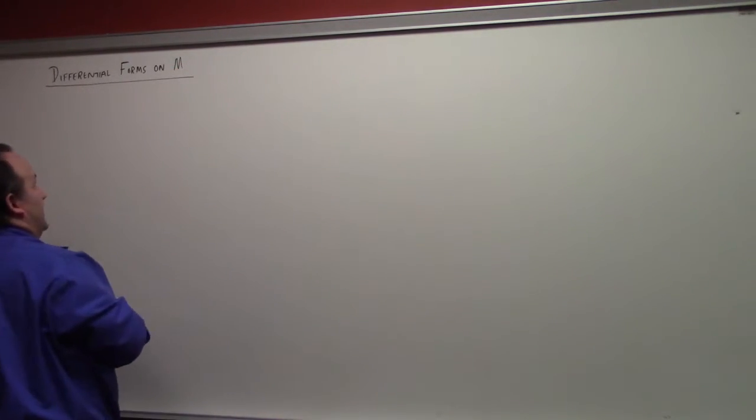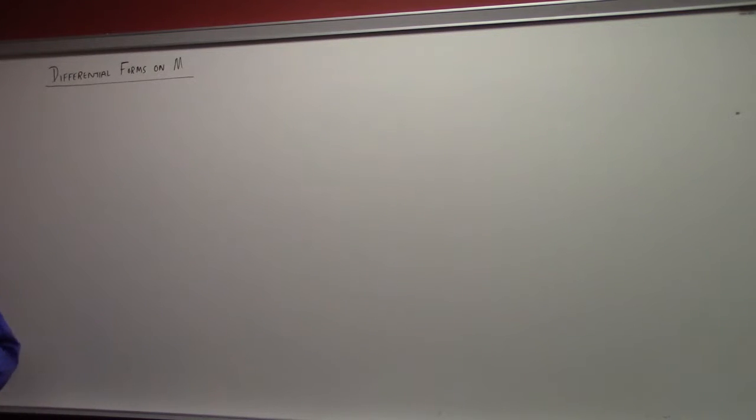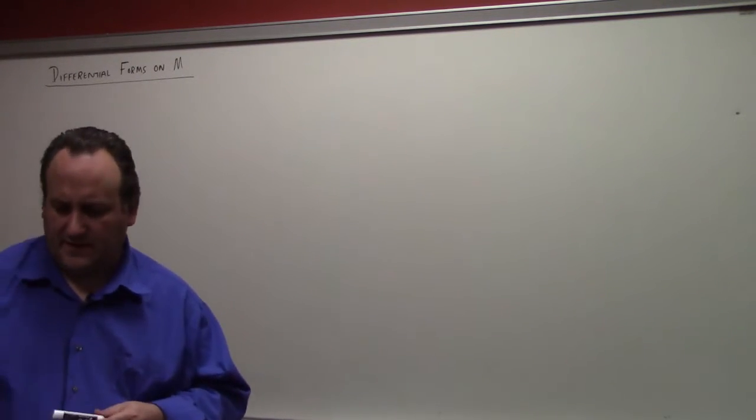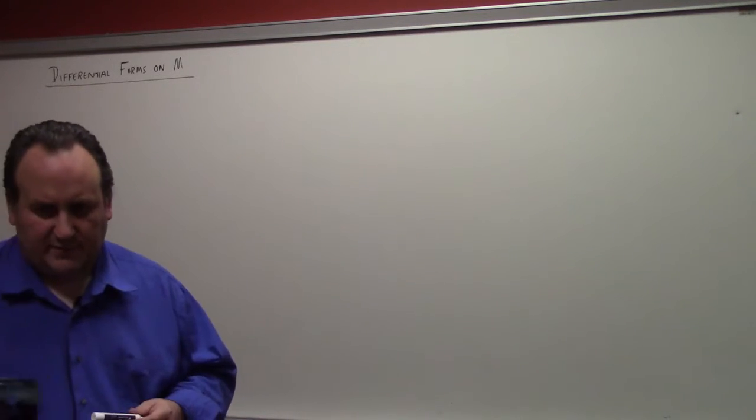So a vector field on M would just be a smooth assignment of a vector at each point. And you might well say, how would you define a smooth assignment of a vector?